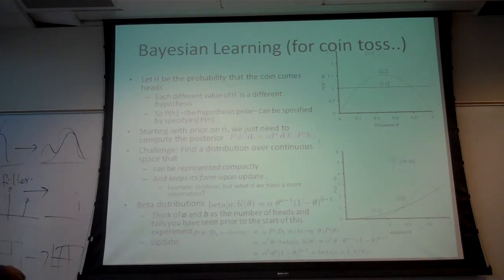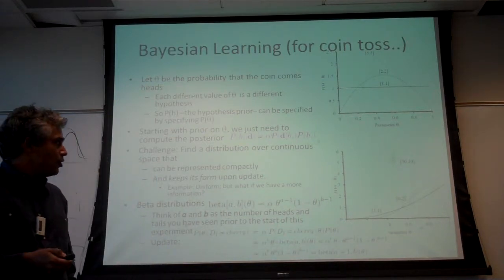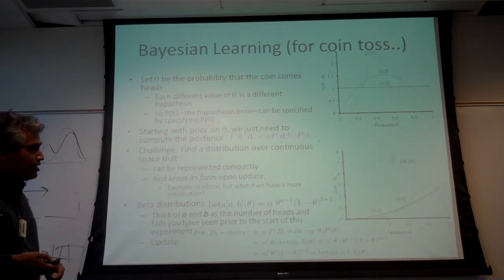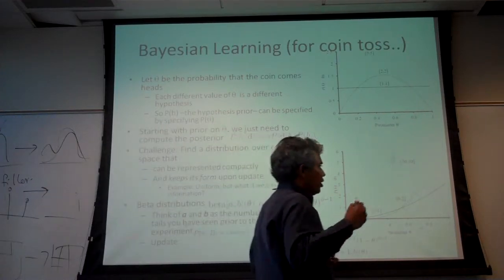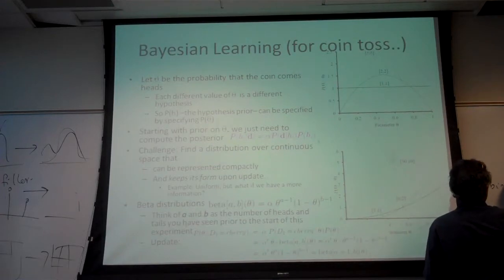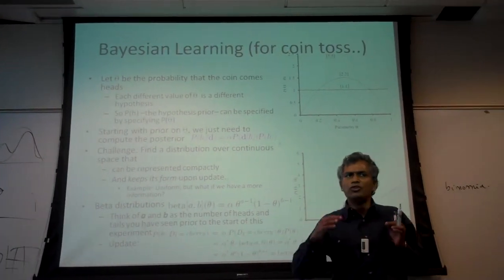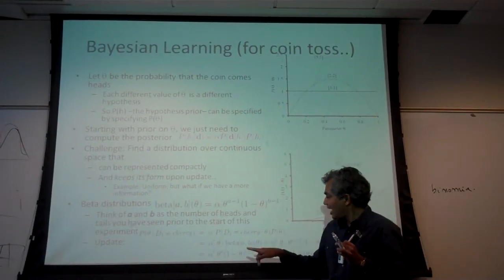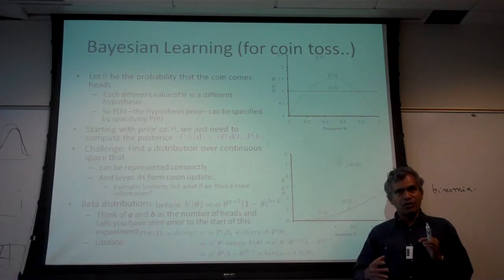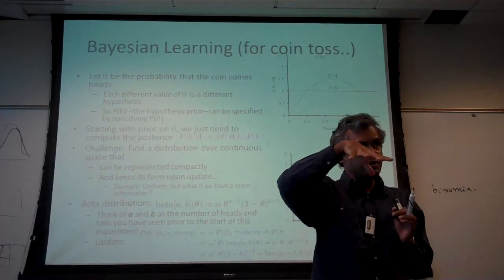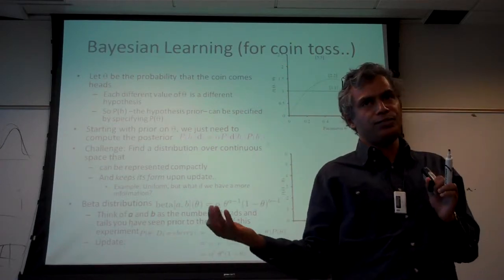So the conjugate distribution that you use here is the beta distribution. What other distributions do you care about in Bayes networks? You have the binomial. The interesting thing is, what is it conjugate to? It turns out that the binomial distribution's conjugate is the beta distribution. So if your likelihood is a binomial distribution, and you multiply that by a beta distribution, you get another beta distribution.